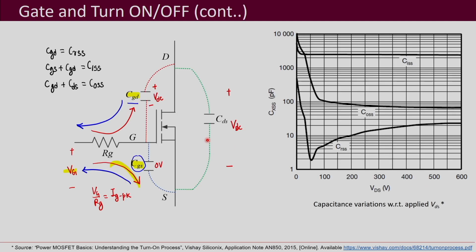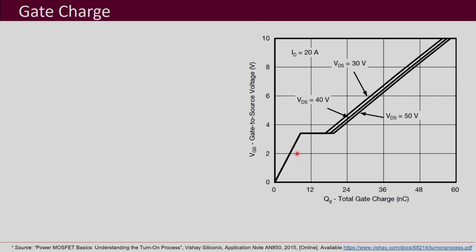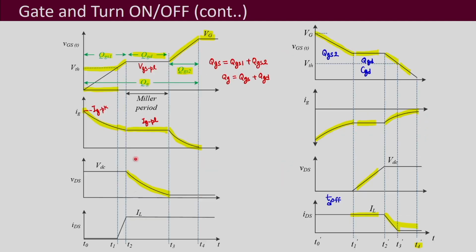Now, what is the P gate equal to? P gate we can find out from this kind of graph. This we have seen before also when we discussed the devices. This is your gate charge versus gate to source voltage, and it is similar to the graph that we see here. Instead of time, this voltage can also be plotted with respect to the charge.